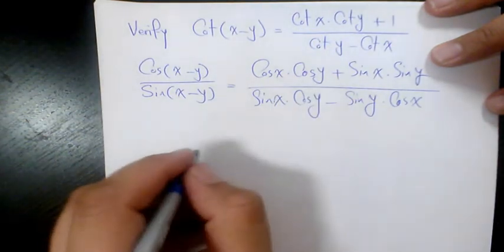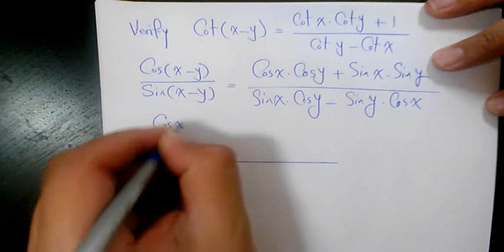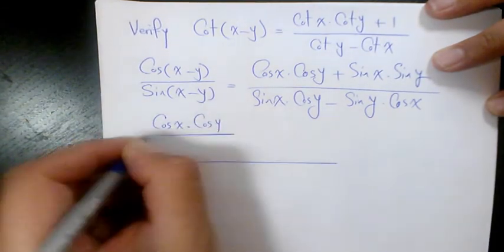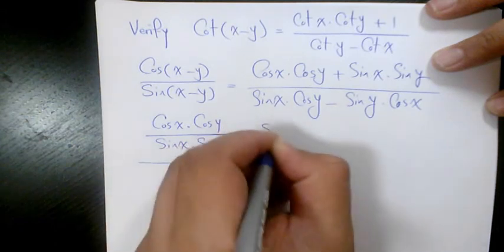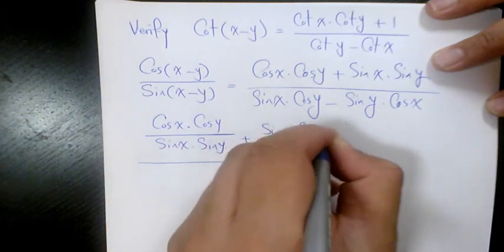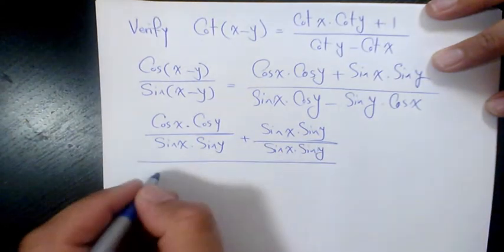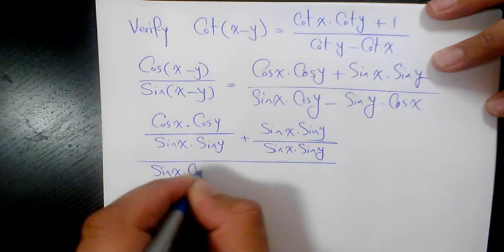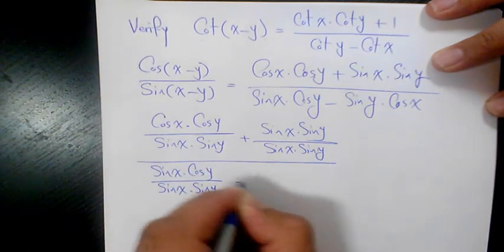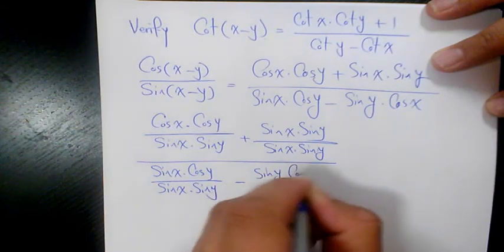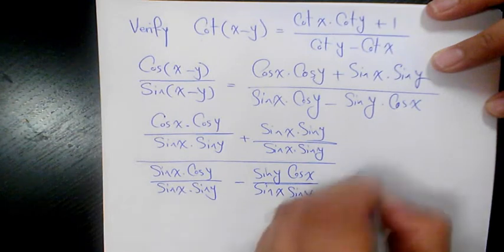Then we need to divide both sides by sine x sine y. So we have cos x cos y over sine x sine y plus sine x sine y over sine x sine y, sine x cosine y over sine x sine y minus sine y cos x over sine x sine y.